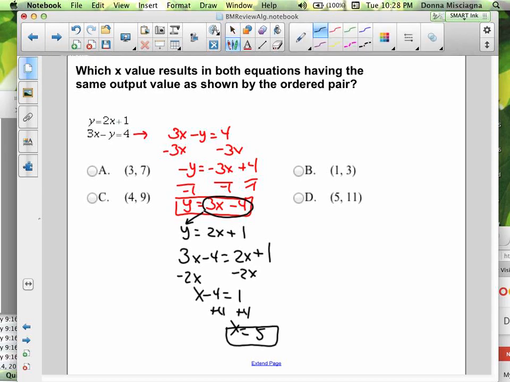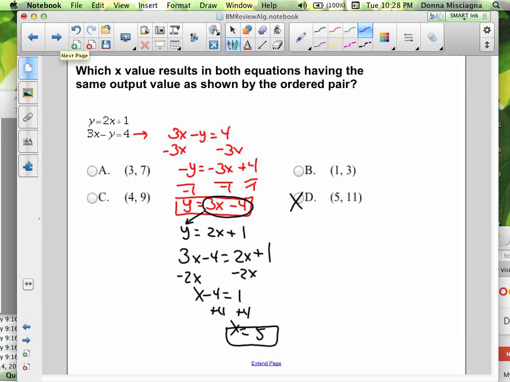There's only one here that has 5 as the correct x value, so the y value doesn't even matter. We could figure it out from the x. Okay? And you can always plug it back into the other equation, see if it works out. So I'll do it real quick.